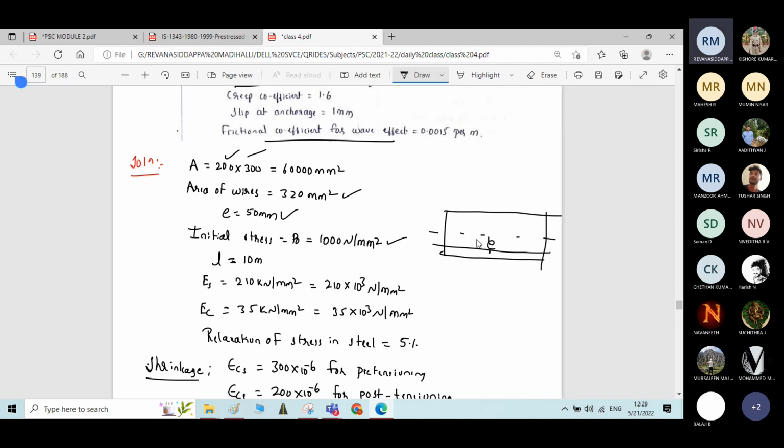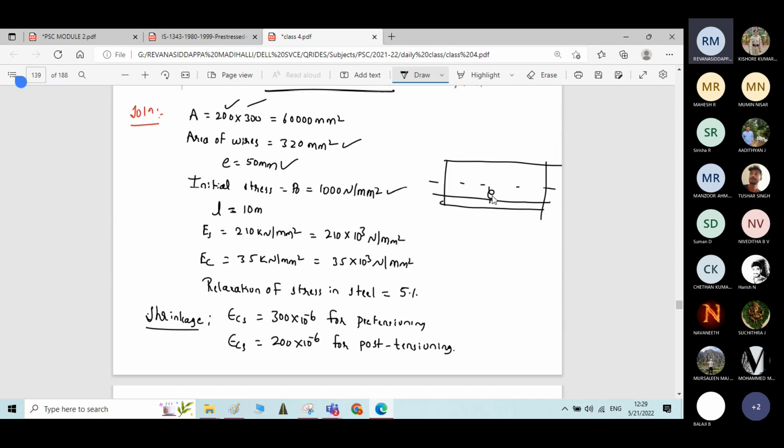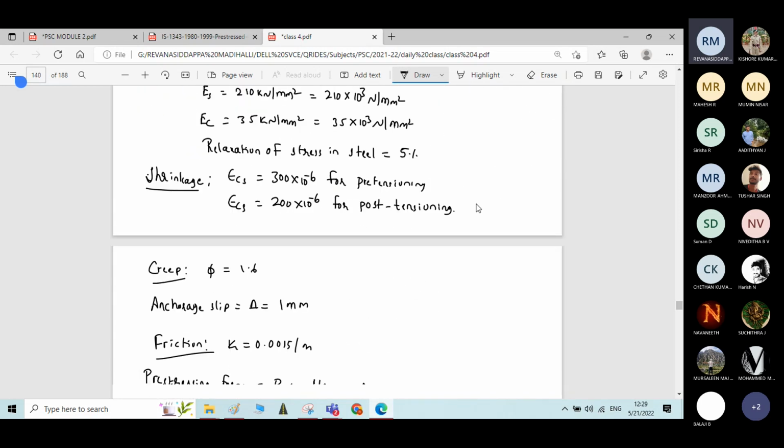Okay, so if it is a parabolic cable, you would have calculated the FC at support, FC at midspan, you would have calculated average FC. But here the eccentricity is constant throughout the length of the beam. So with respect to this eccentricity, if you calculate the FC, that itself will be the average FC.